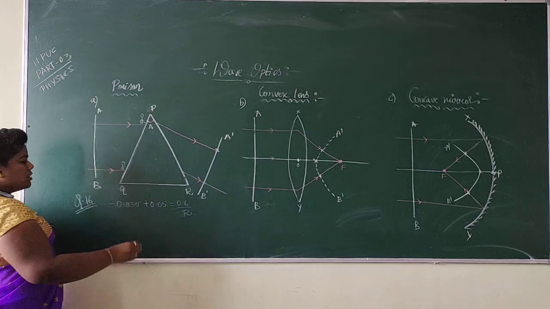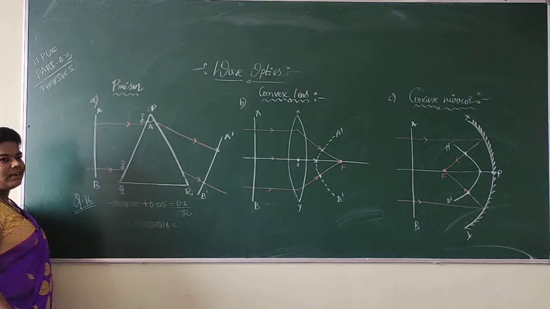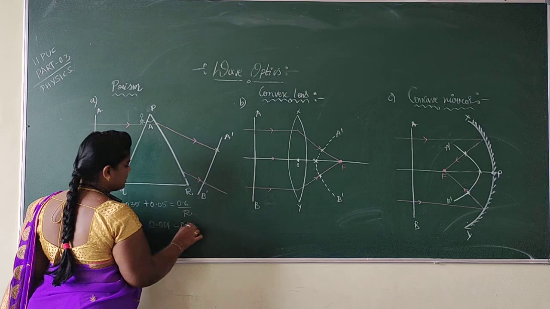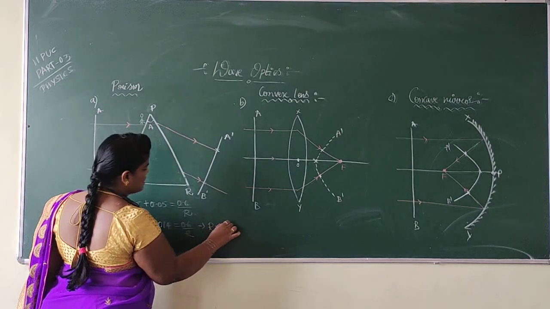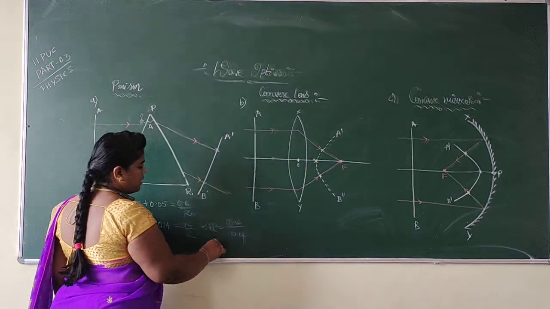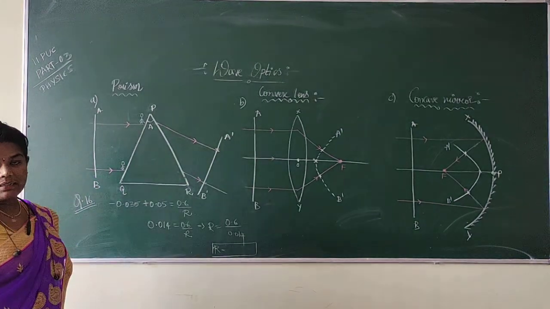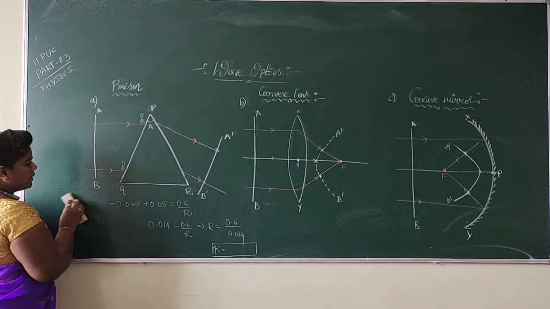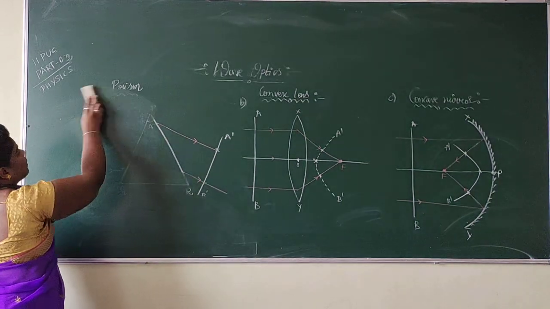If we subtract this, we will get 0.014, but there we substituted 0.018. Just rectify it once, right? So on cross multiplication, r is equal to 0.6 divided by 0.014. So divide and write the answer for the radius of curvature with SI unit. I hope you will do it. So one simple mistake has happened: I substituted 1.8 rather than substituting 1/4. Okay, just rectify it in your notebook.